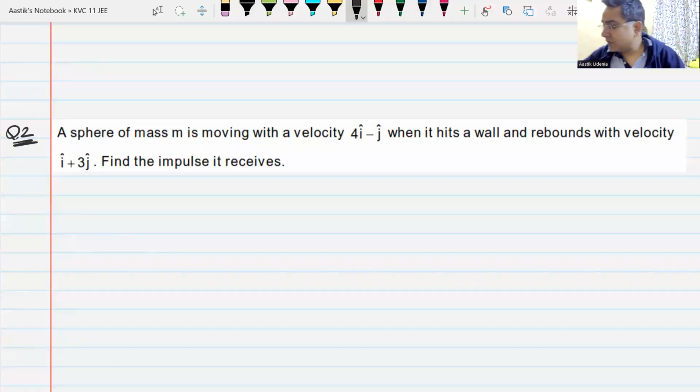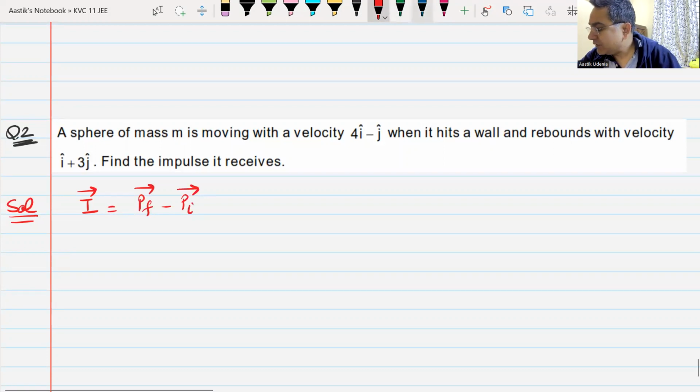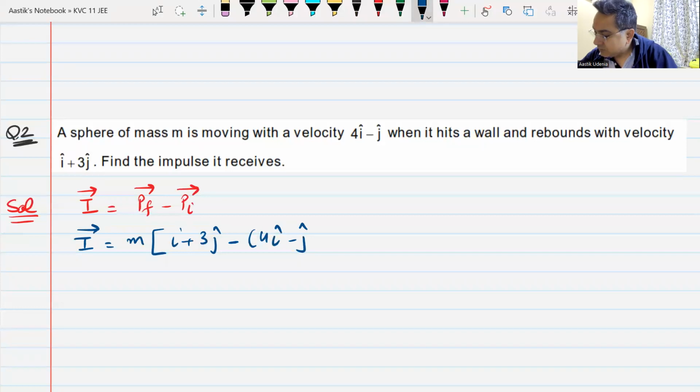So basically what you have to find out is simply impulse. Impulse, vectorially, is nothing but final momentum P2 minus initial momentum P1. Multiply velocity with mass and you get your momentum. So impulse is m multiplied by (I + 3j) minus (4I minus j).